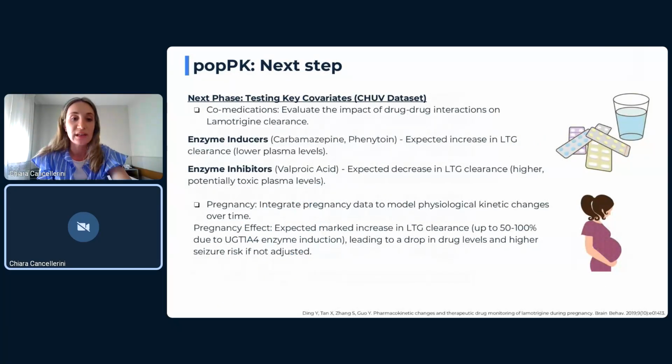So, what are the next steps? We haven't finished this project yet because we wanted to test the covariates, so the co-medication drugs. We expect that enzyme inducers like carbamazepine or phenytoin, which we saw some of the patients take in polytherapy, increase the lamotrigine clearance, and the opposite is true for enzyme inhibitors.